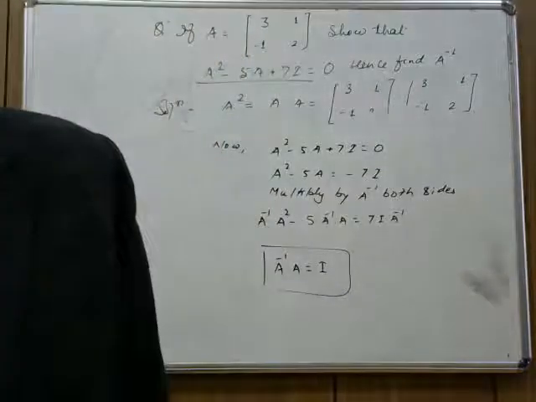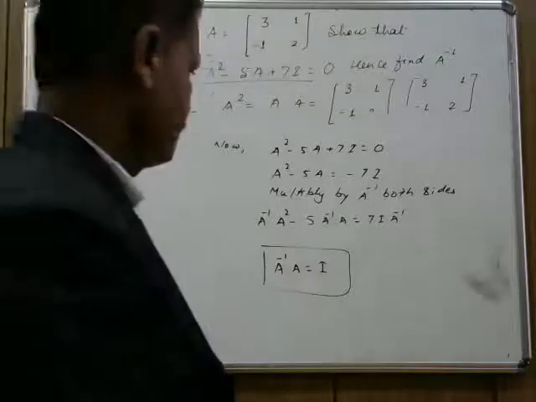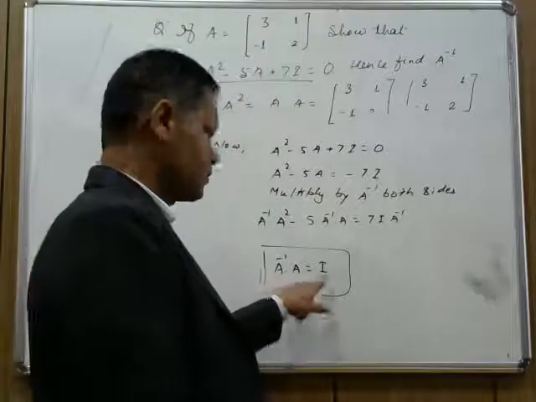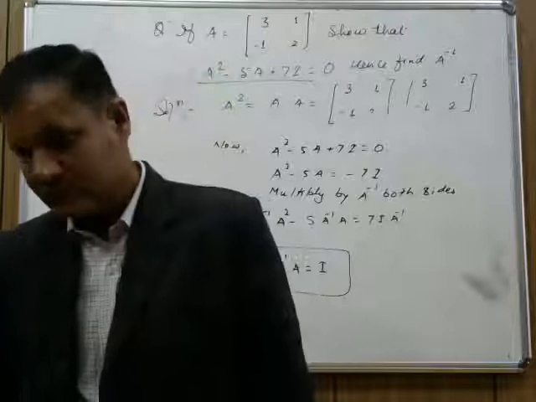So A into A inverse is equal to I, this part we have to remember. And we can also check that A inverse into A is equal to I. Just right now I have multiplied each term by A inverse.